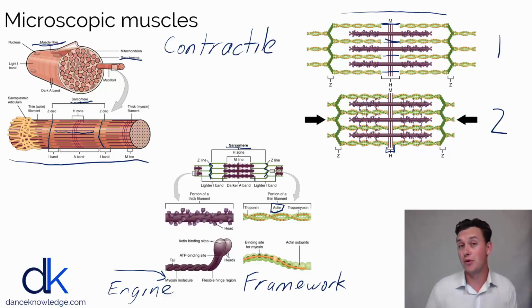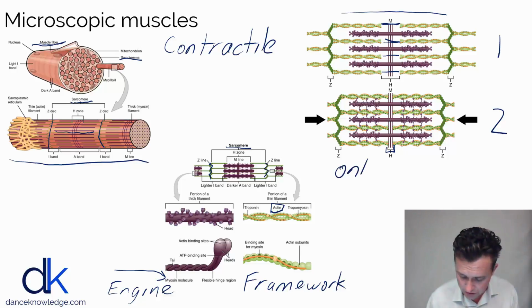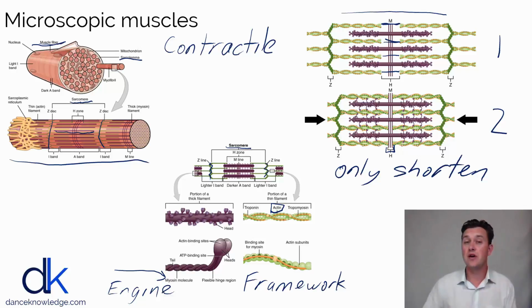Now this is a really important concept for understanding the way a muscle is structured, because if a muscle wants to use energy to produce force and to contract, it can only do so by shortening. A muscle cannot create movement by lengthening.